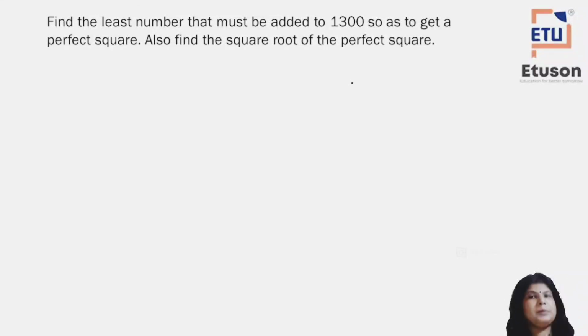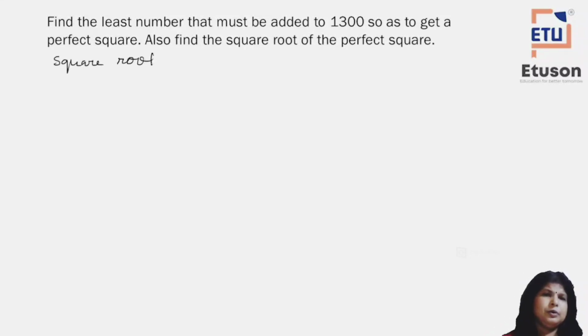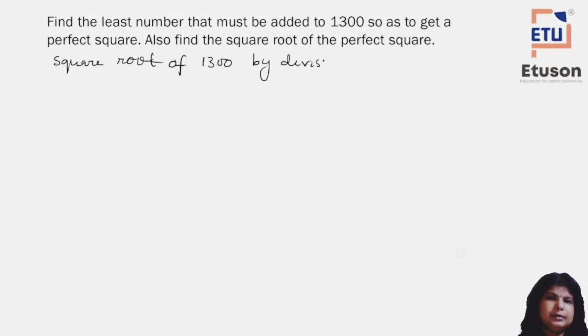So first we have to check whether 1300 is a perfect square or not. So square root of 1300 by division method. Okay, so again I will pair it. So 1300, pair it.